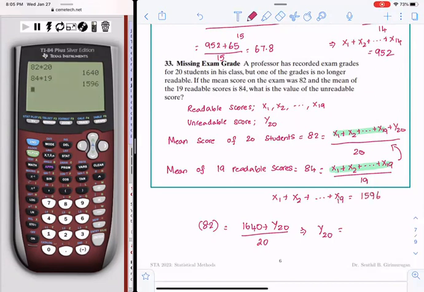Because they both can't be 1640. It means that readable score got a 0. So 1596. And if you cross multiply, you would have 1640 minus 1596. And that is 44. So the unreadable score was 44.